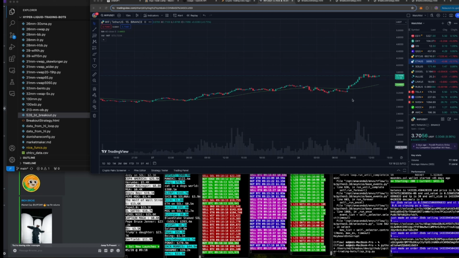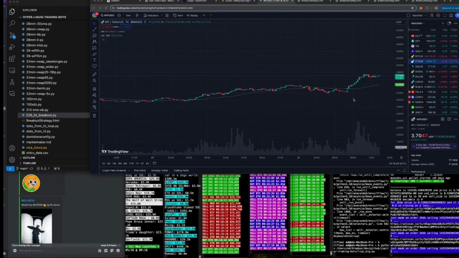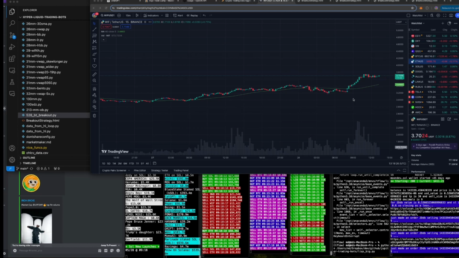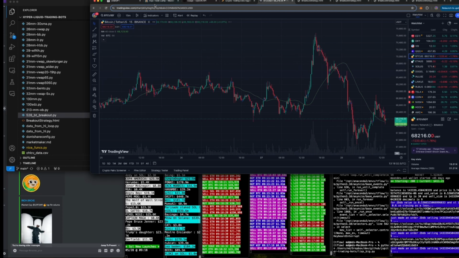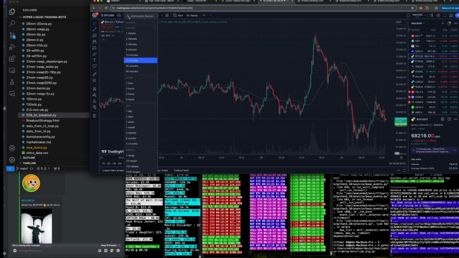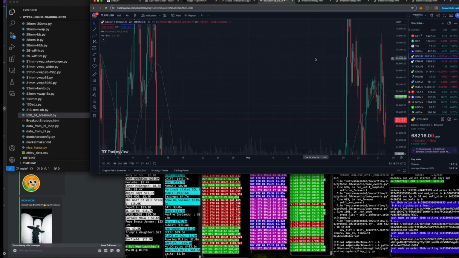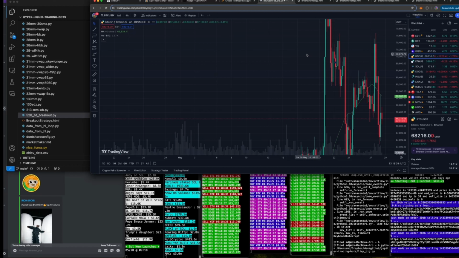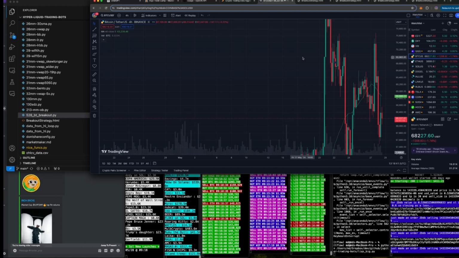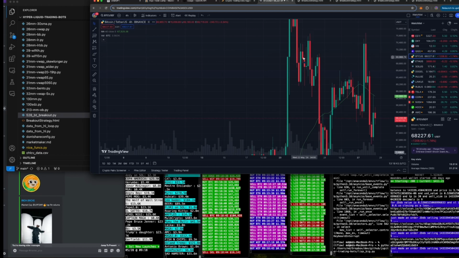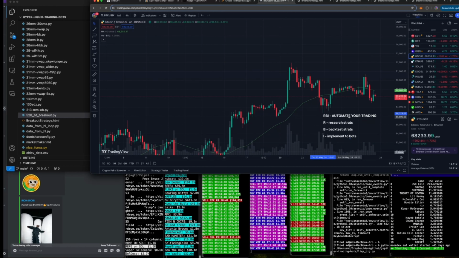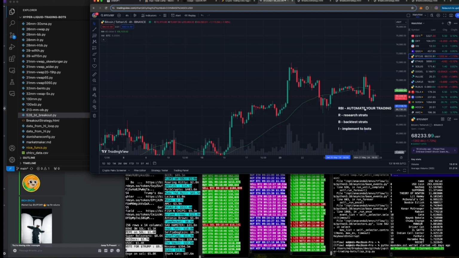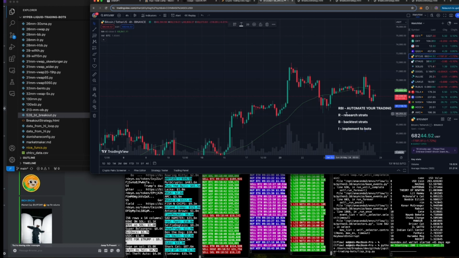MEV is very PvP, even more PvP than trading. With trading and the process I show about how to automate your trading here, the RBI system, it's still PvP, but there's more opportunity for people to do well if they come up with a good strategy. With MEV, it's winner takes all. So obviously any MEV I do, I'm not going to show the exact strategy here, but it's arbitrage.